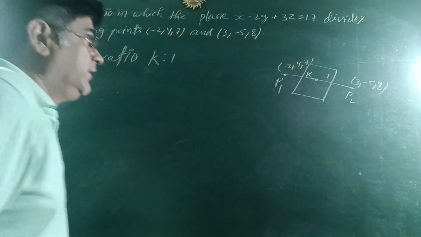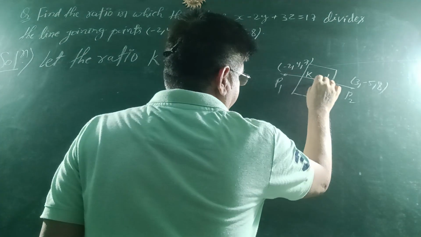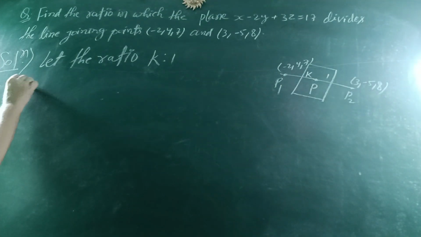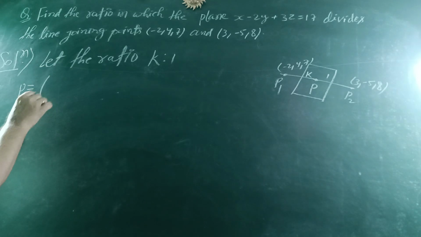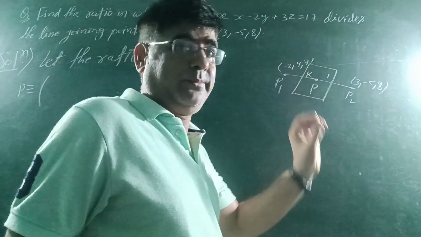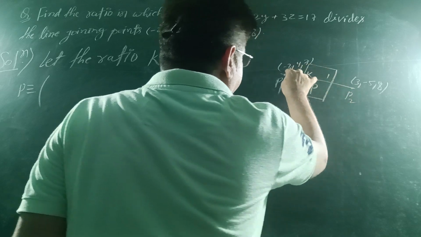Okay? So find the point P, and the point P is such that we know the internal section formula. So K multiply this and 1 multiply this.